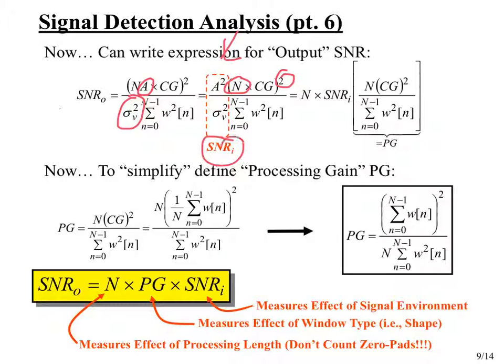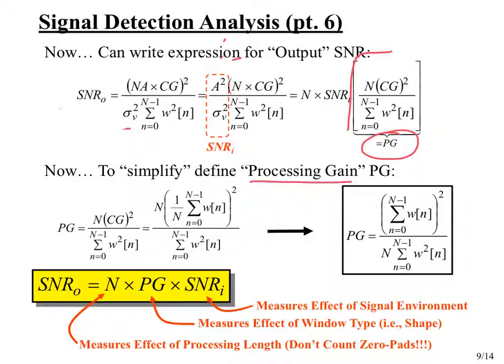So we've got our input SNR, we've got one of these N's which we'll pull out. And there's a reason that we're manipulating this way. And so we end up with N times SNR_I. And then we have something in brackets, which we will call PG, or processing gain.